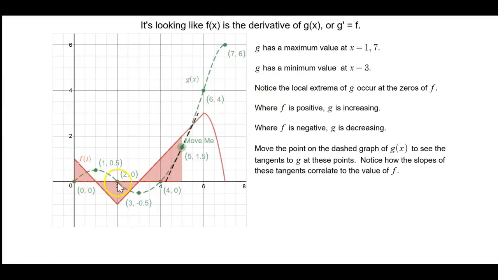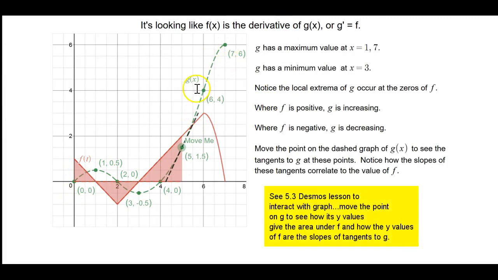So now if we connect those points and graph g, we see all the same things we saw before. Now I'm adding the slopes of tangent lines to g. Notice this horizontal tangent line. It has a slope of 0, and notice what f is.